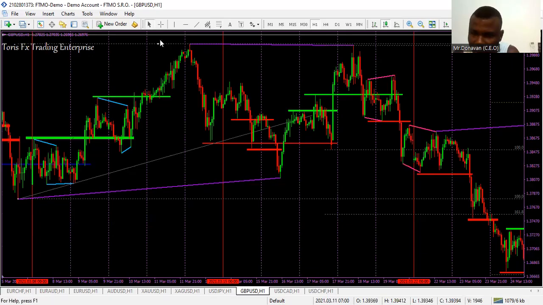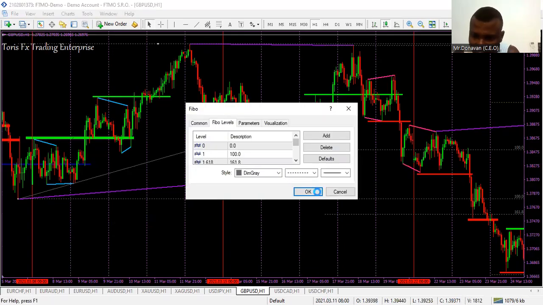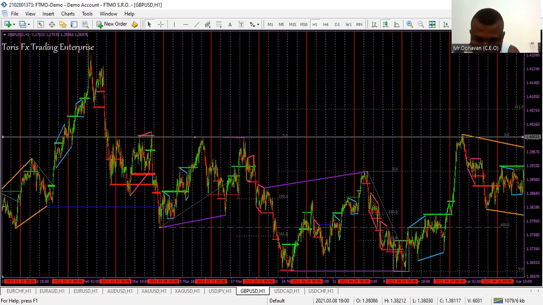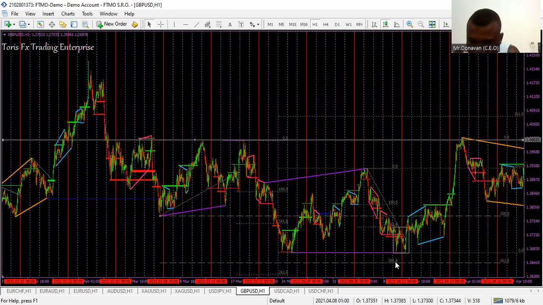Now let's shrink. Let's just do a bigger Fibonacci. This was that line. All right. Where's our bigger Fibonacci? Here it is. 161 was not hit. Let's take upon the last pullback. Upon the last pullback, we have 161 exactly hit.